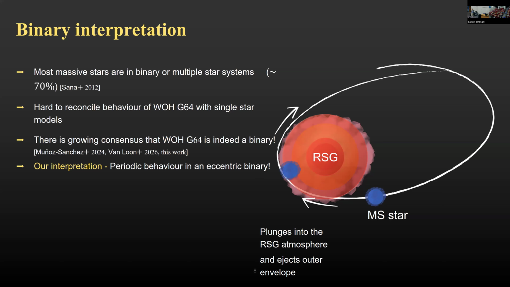This exposes the inner hotter layers of the red supergiant, and the TiO bands disappear for less than 10 years. And that is because you need very cool atmospheres to form TiO molecules. And we think that it's a periodic behavior because we now see that the TiO bands are back again. And the overall spectrum is also going back to its pre-2016 phase.